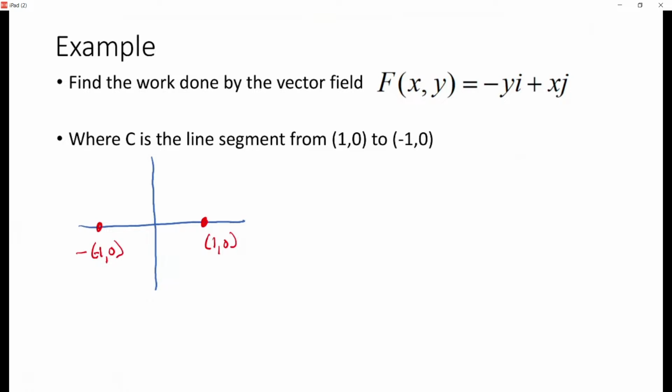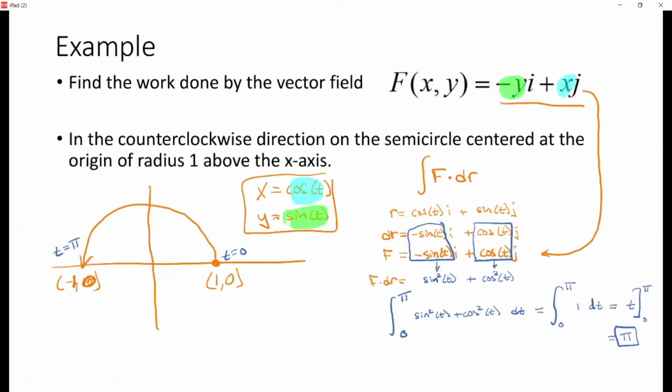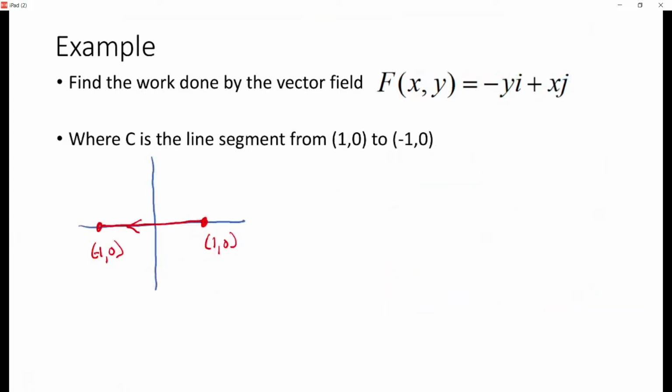Get rid of that superfluous negative. And we're going straight along that axis. So this is slightly different. Notice back here, you were going along a curve. It's the same vector field. Now we're going along this straight line. And I want to know how much work is going to be done by the vector field in this case.